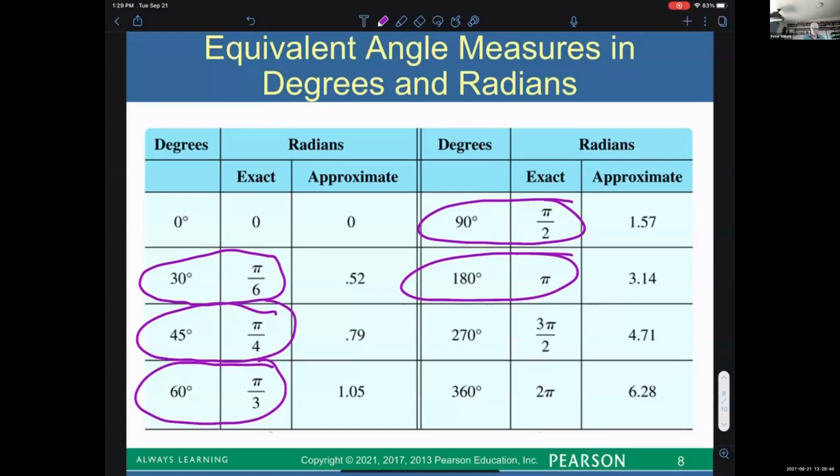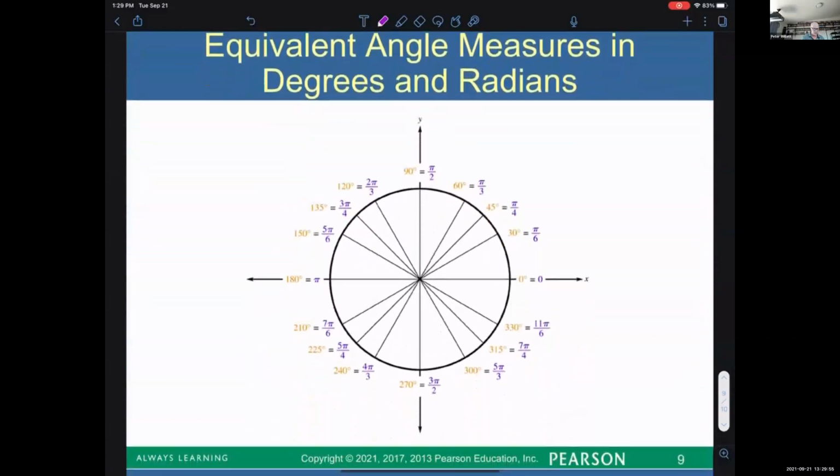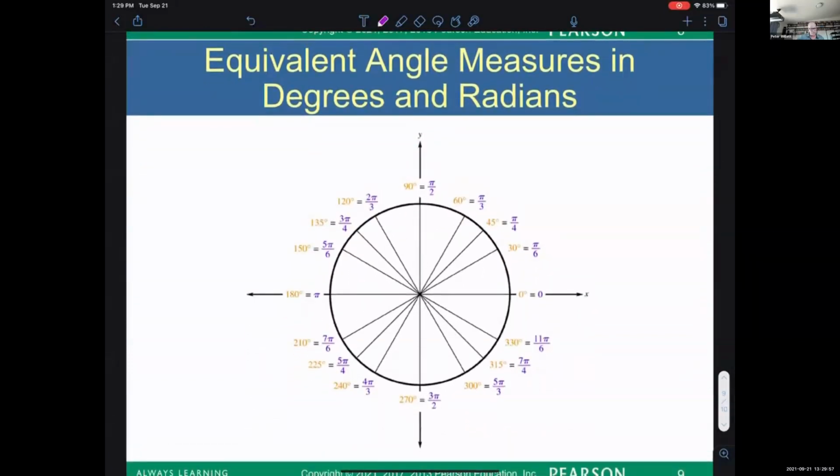All right, so now that we've summed up the idea that you can express angles different ways, in radians or degrees, here's a nice diagram on a circle for a visual impression of what these actual angles look like and what they would be labeled.